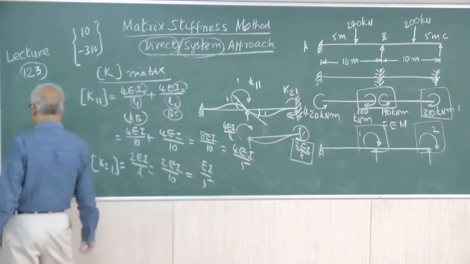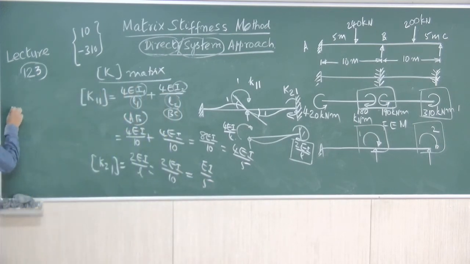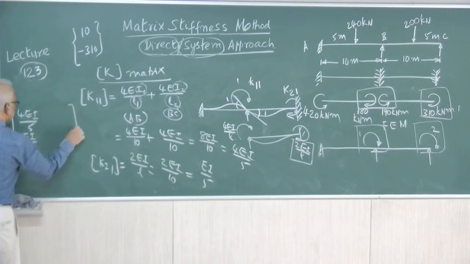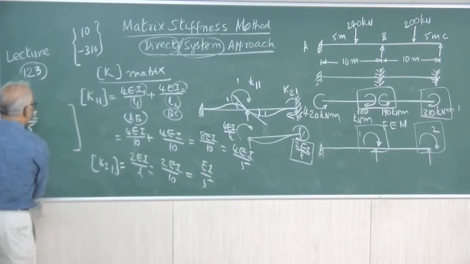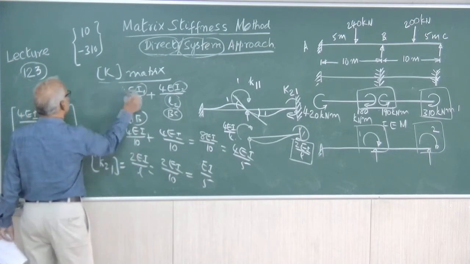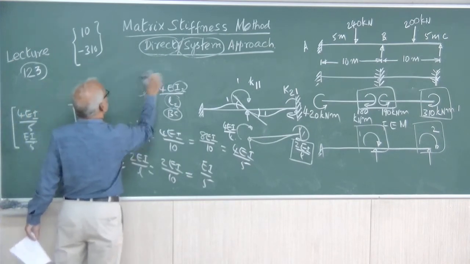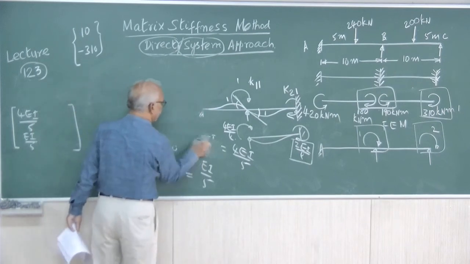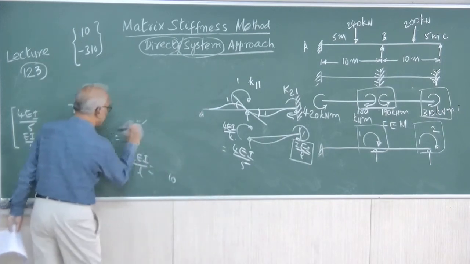I will just write down the values here. K11 is 4EI by 5, K21 is EI by 5. It will be a 2 by 2 matrix. So we have got the first column by applying unit displacement along coordinate 1. We have got the first column of the stiffness matrix. Right.